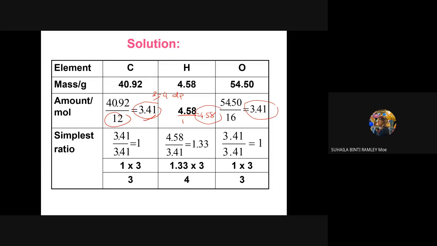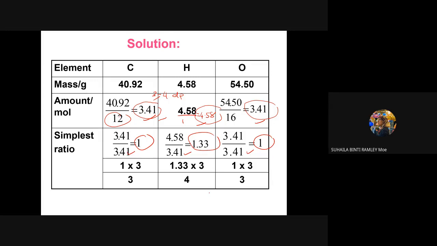Okay, here we have 3.41, 4.58, 3.41. So between these three amounts of mole, the smallest mole is 3.41. So semua pun kita akan divide by 3.41. Here we get 1, 1.33 and 1. For this 1.33, we cannot round off to 1.